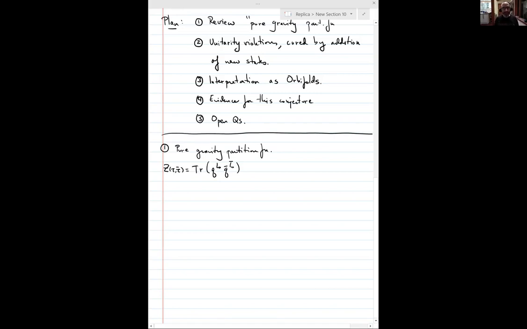So in the CFT language, this would be trace of q to the L0, q bar to the L0 bar, where L0 and L0 bar are just the generators of left and right moving conformal transformations. And the way that we would naturally imagine doing this is by performing some sort of path integral.